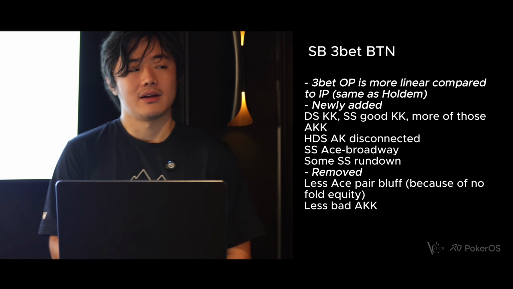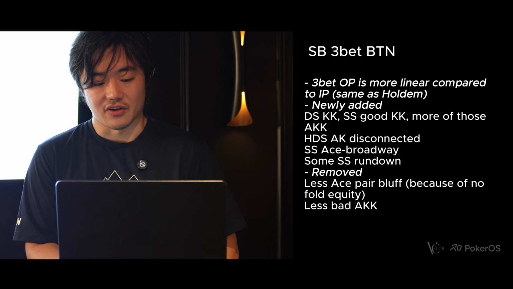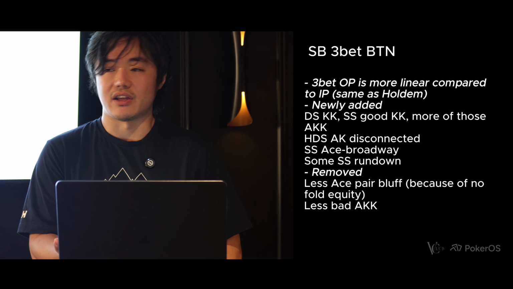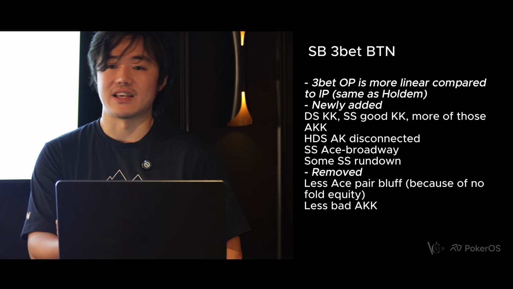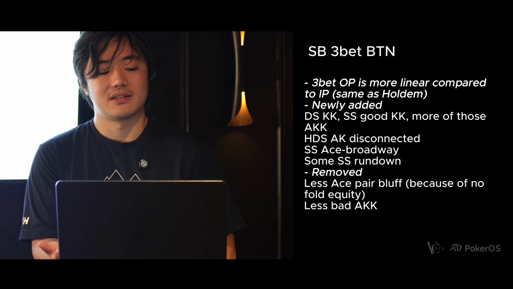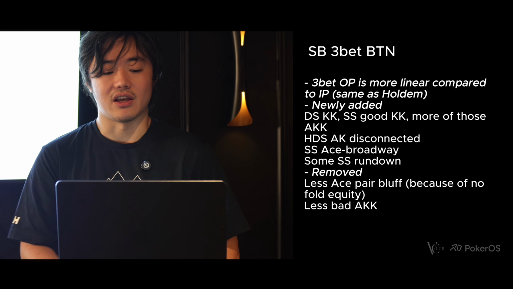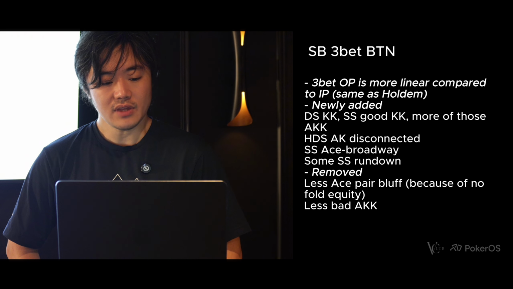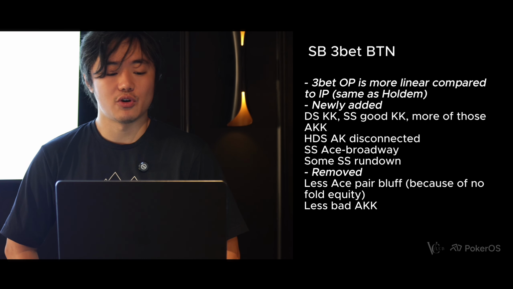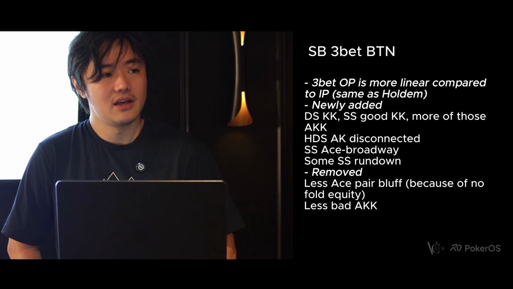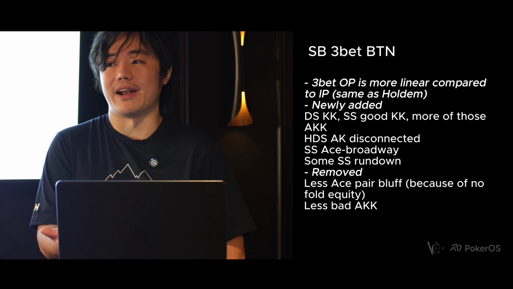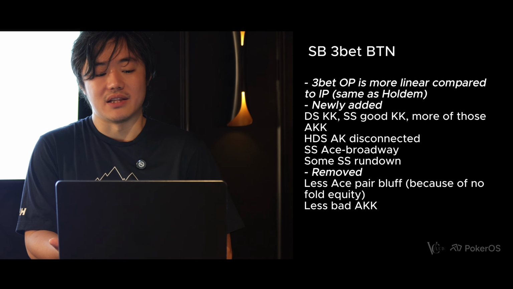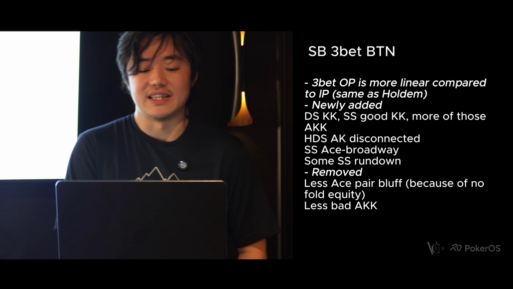We're also 3-betting good single suited kings and more of those ace king king hands. Like button versus cutoff, ace king king sometimes calls, but small blind versus button, ace king king 3-bets more often. We're also 3-betting high double suited ace king disconnected. Ace king connected are 3-betting anyway, but we're also 3-betting high double suited disconnected.